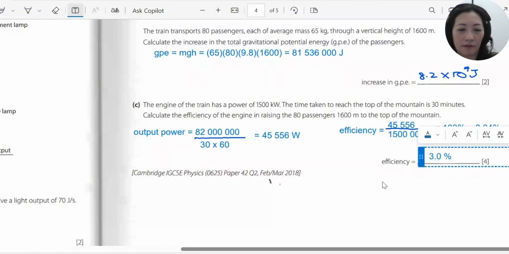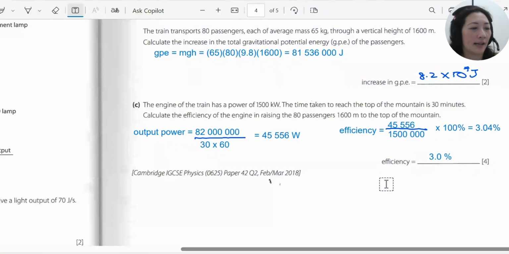We write two significant figures, so 3.0%. Yes, that's very low. That means there's 97% energy lost in other forms, possibly sound and heat.